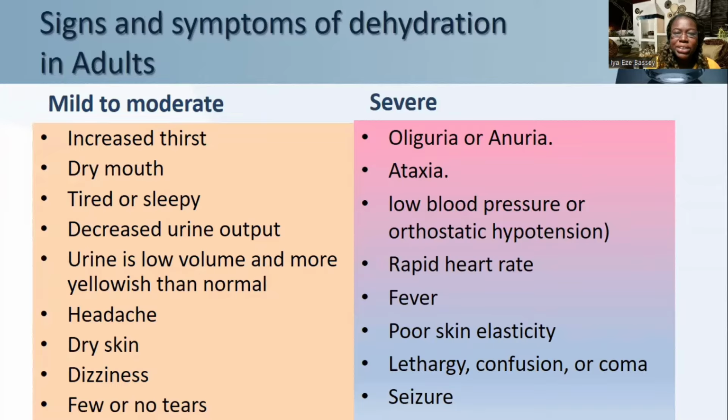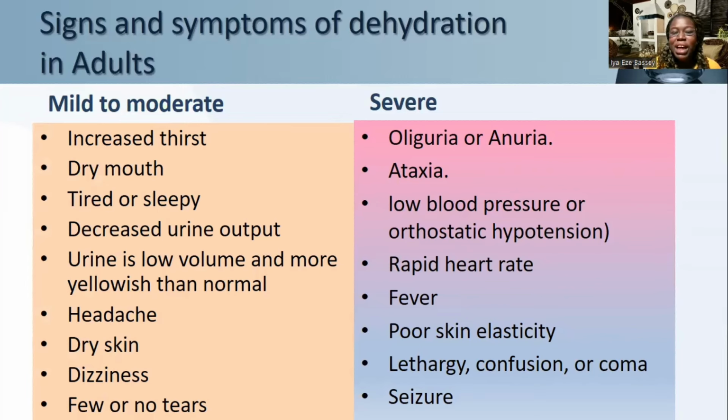if you have mild dehydration, the symptoms may be different from what you see in severe dehydration. For mild dehydration, you could have increased thirst, dry mouth, feeling tired and sleepy, and decreased urine output, most likely oliguria.